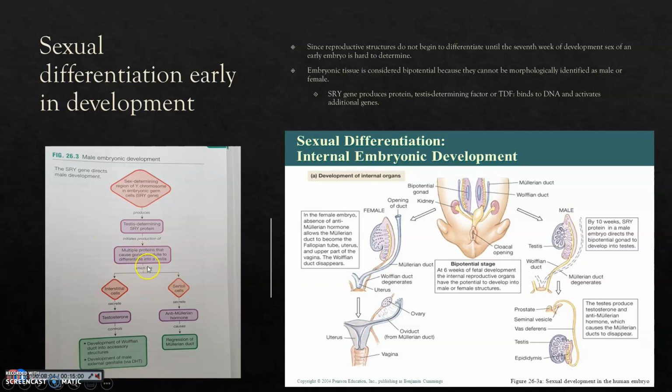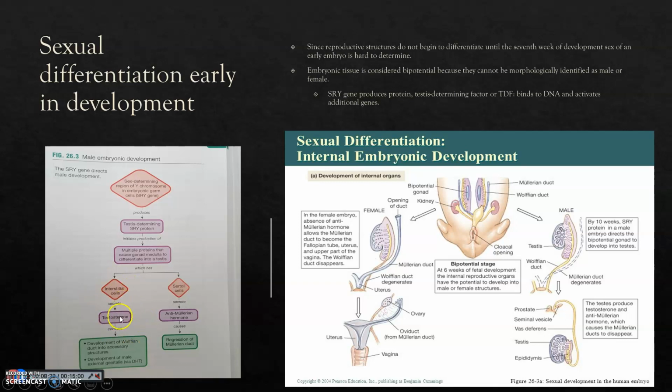So when this happens, we're going to develop the testes. The testes has interstitial cells and Sertoli cells, and the interstitial cells secrete testosterone, while the Sertoli cells secrete anti-Müllerian hormone.